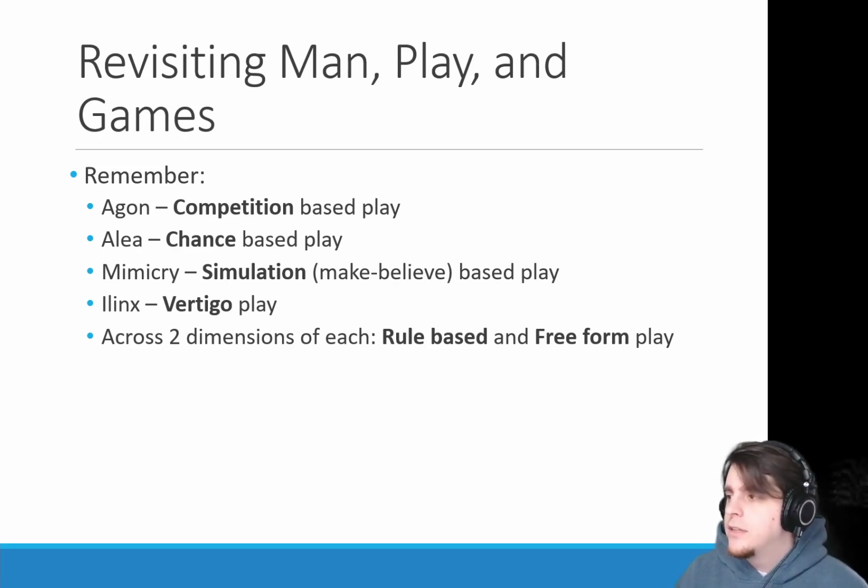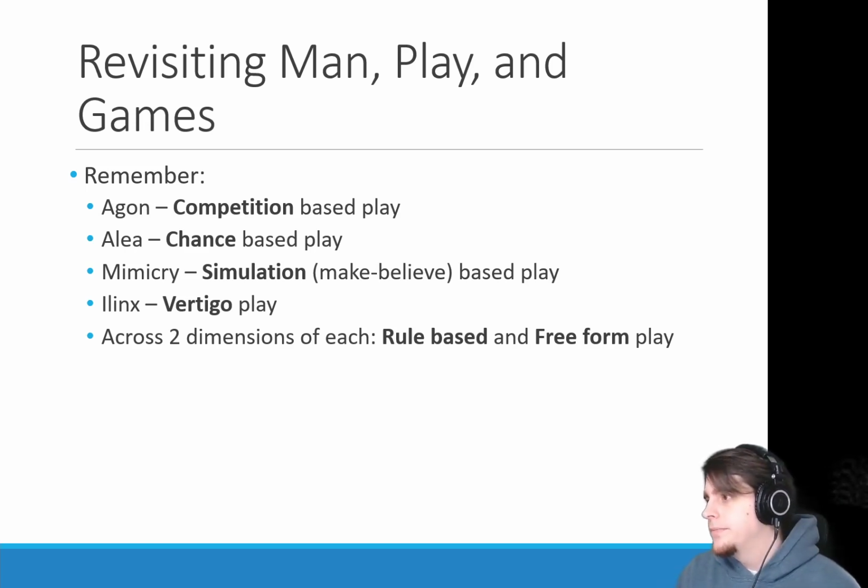And all of these things can either be rooted in a rule-based structure or a more free-form structure. So, rule-based competition and free-form competition, rule-based chance, free-form chance, those kinds of things. Again, we'll dive deeper into that if it's something that you're not familiar with.